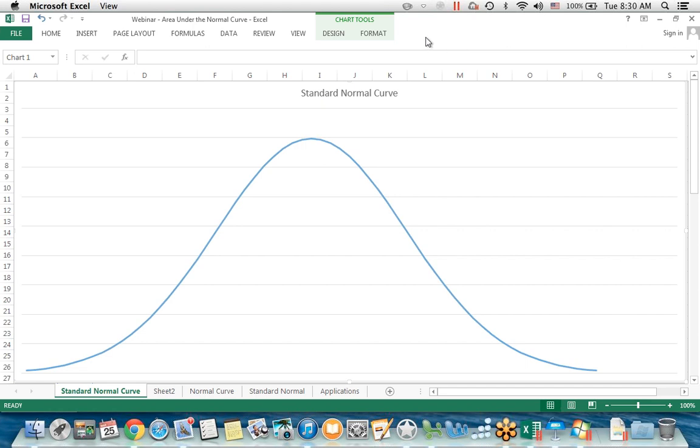Now, the next step is if you are already given the area. How do you find the corresponding z-score? If you are already given the area, the value for the shaded portion, how do you find the corresponding z-score? So let's look at this.